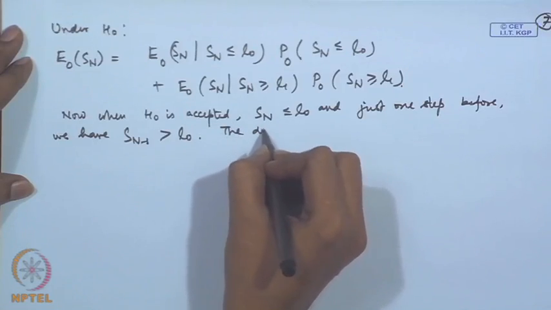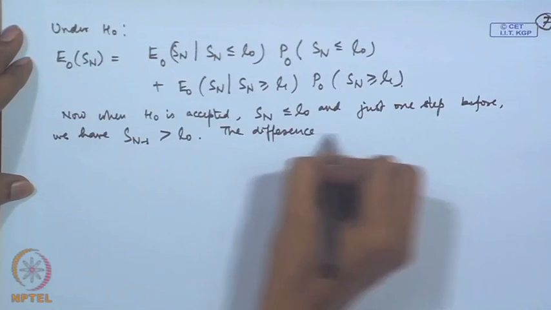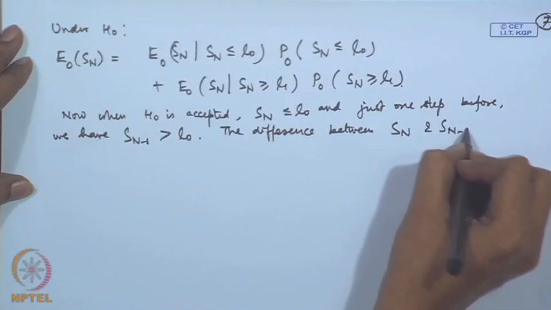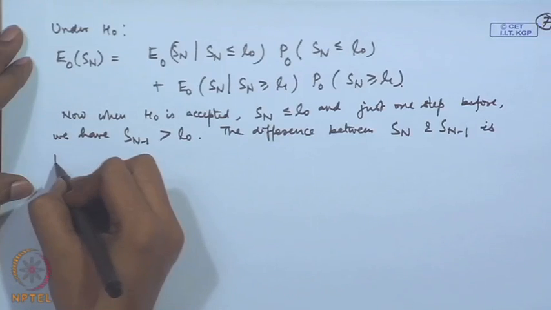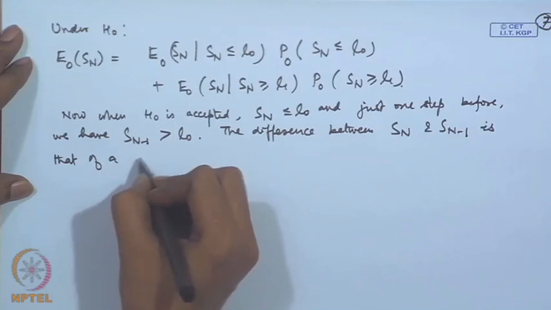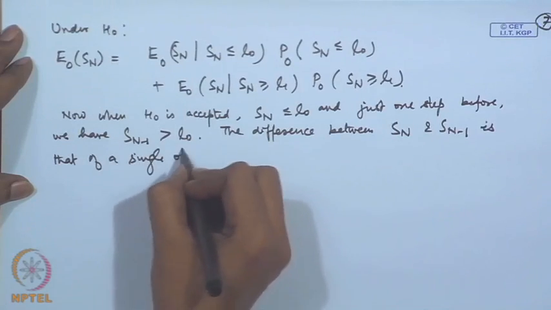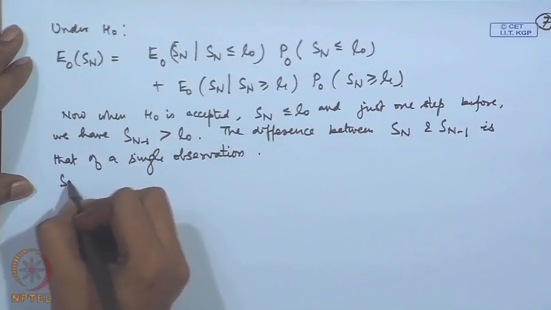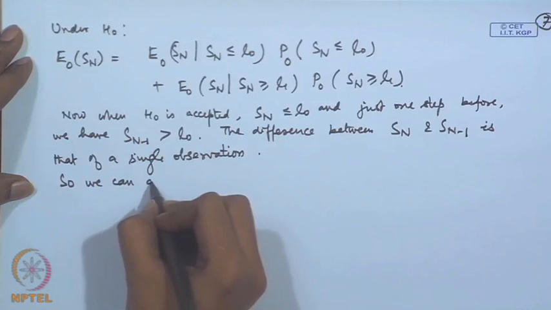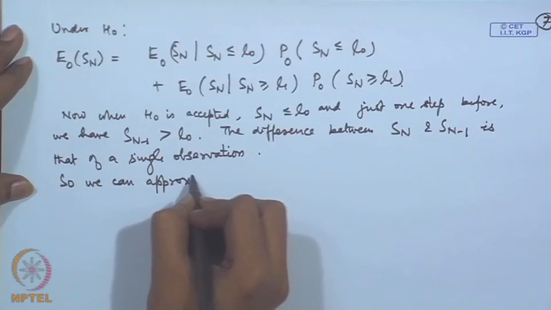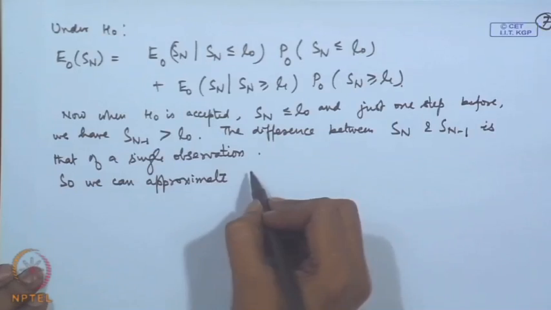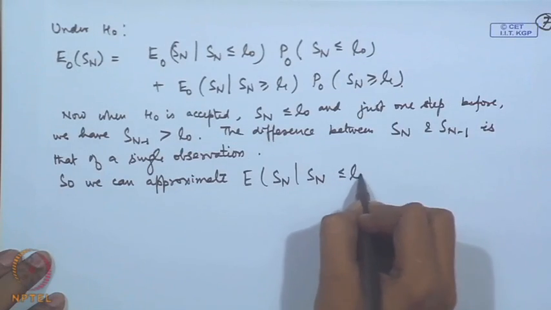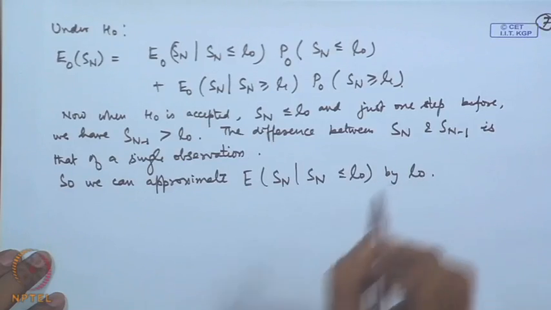Then the difference between S n and S n minus 1 is that of a single observation. So, we can approximate expectation of S n given S n less than or equal to L naught by L naught.